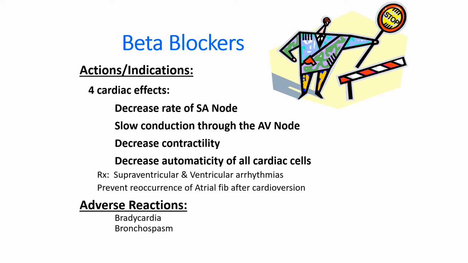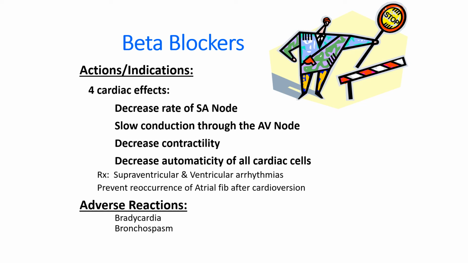The treatment is for SVT and ventricular arrhythmias, and the goal is to prevent reoccurrence of AFib after cardioversion. So they'll start people on beta blockers afterwards or before to make sure that they potentially don't go back into AFib. The adverse reactions of beta blockers are that it does cause bradycardia.